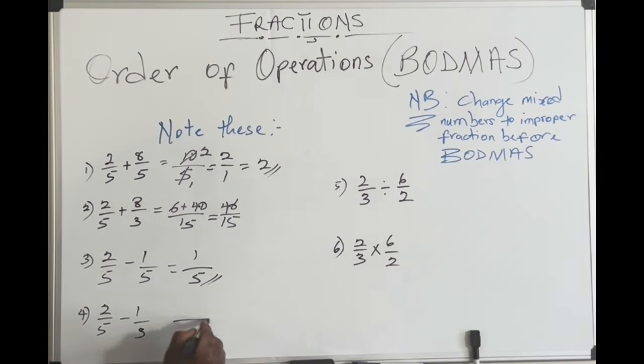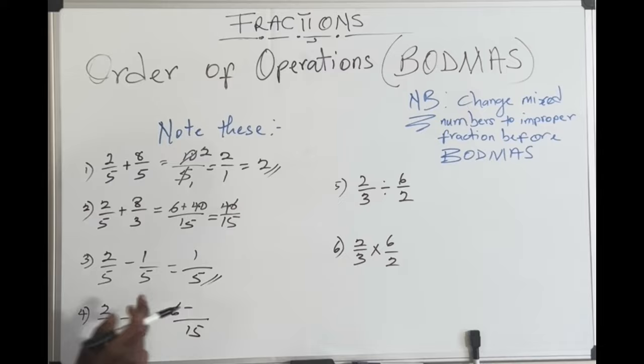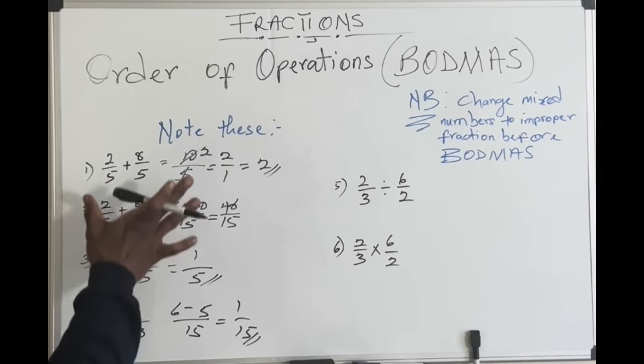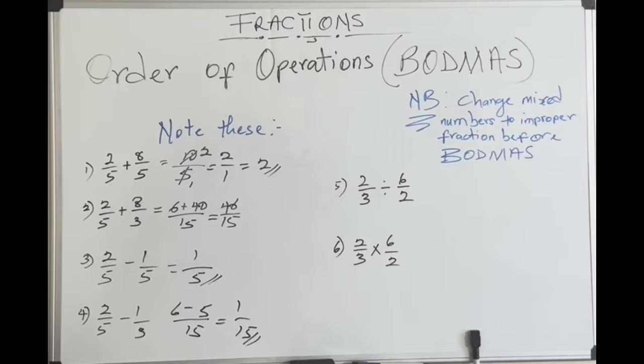We have to find the LCM, which is 15. 5 goes into 15, 3, 3 times 2 is 6, minus, 3 goes into 15, 5. So 5 times 1 is 5, and then you subtract 5 from 6. So you get 1 over 15, final answer. So we need to take notice of these differences.